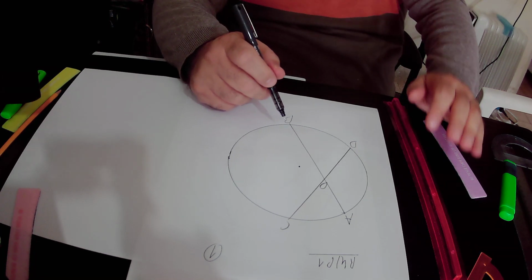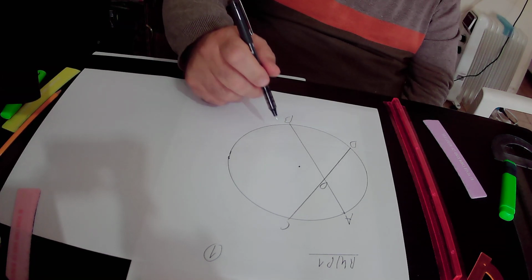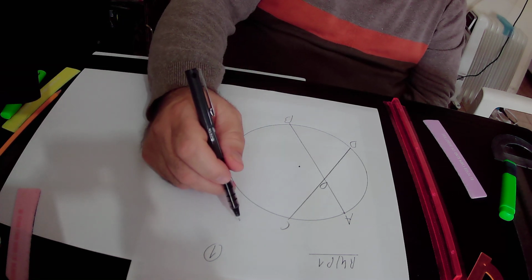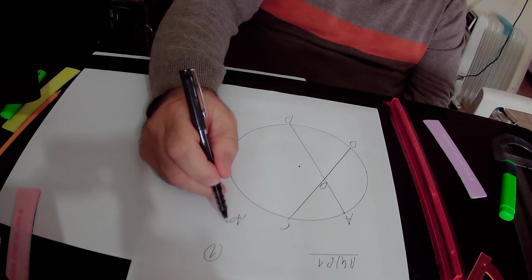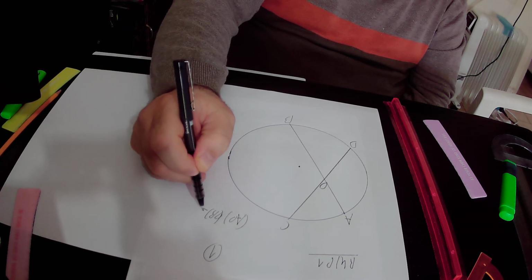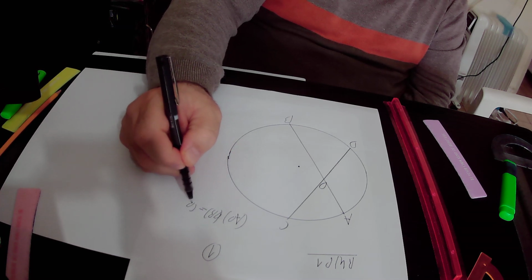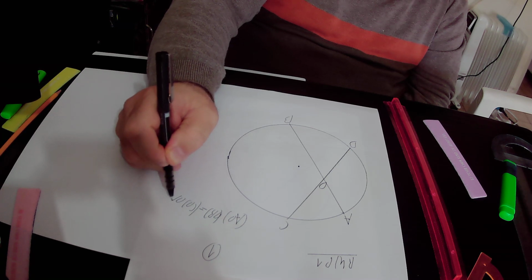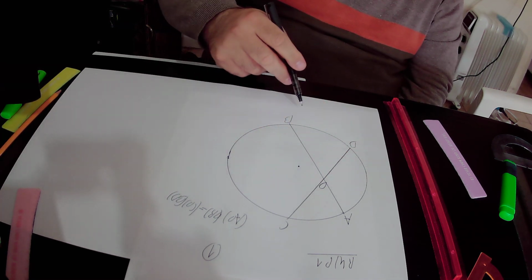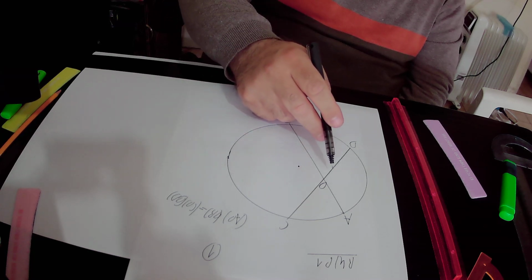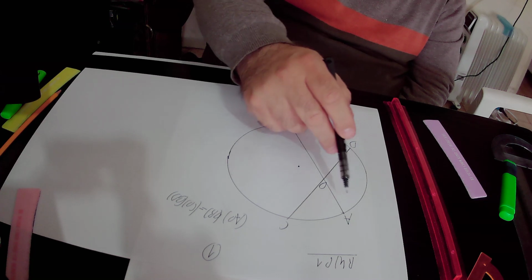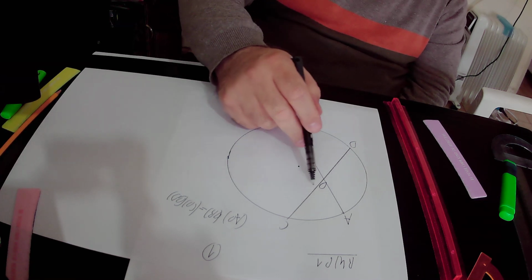All must be inside the circle, of course. AO times OB equals CO times OD. I'll repeat again. If chord AB intersects with chord CD at point O inside the circle, then AO times OB equals CO times OD.